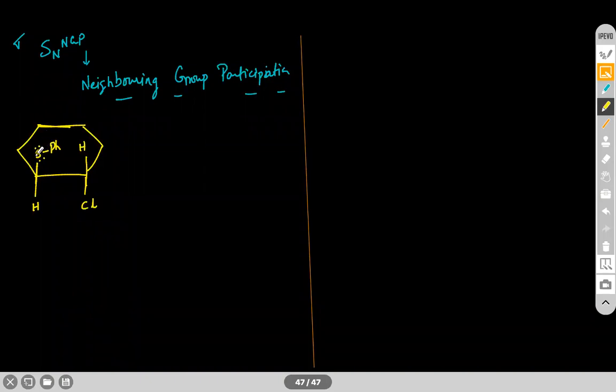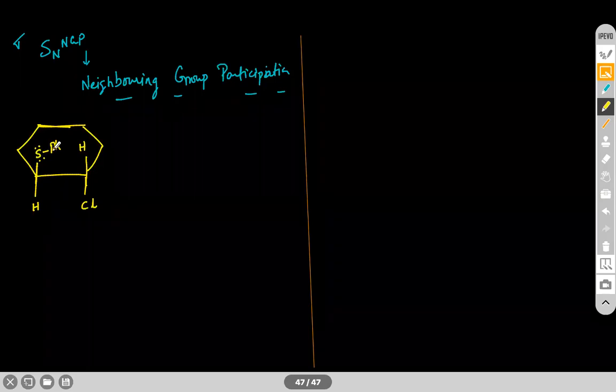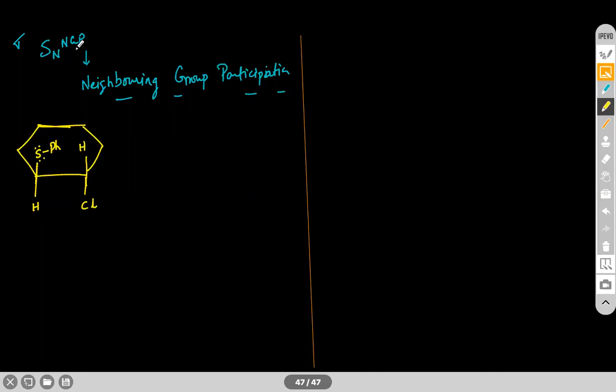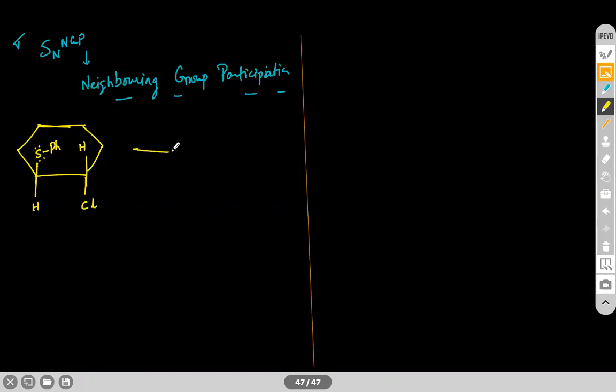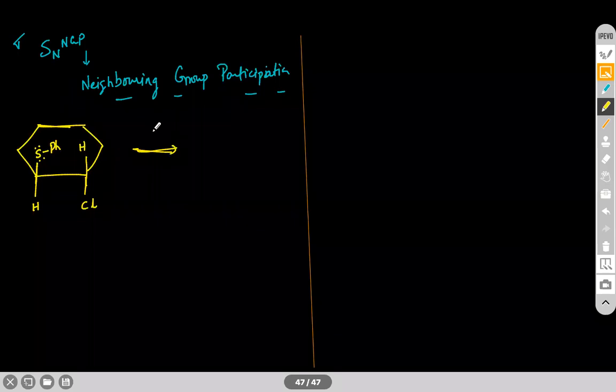Here we can have SH, we can have OPh also here, SPh also here. So the lone pair on this sulfur behaves as a nucleophile. And for this SNNGP reaction, the leaving group must be present opposite to this nucleophilic group. Okay.